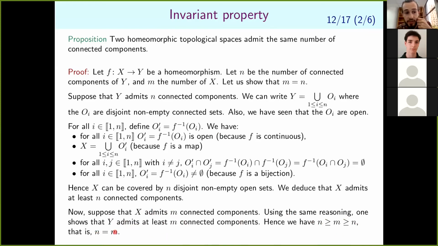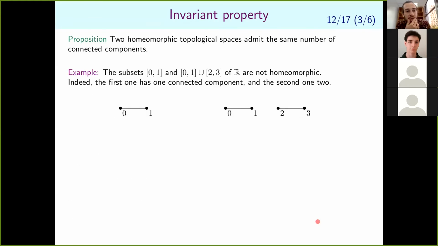This means that they admit the same number of connected components. All right. So this gives a tool to show that spaces are not homeomorphic. And this is the very essence of an invariant.